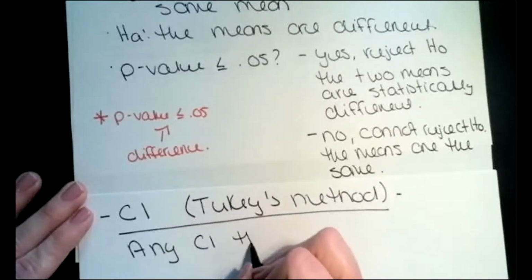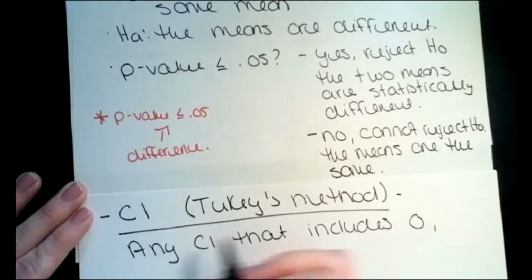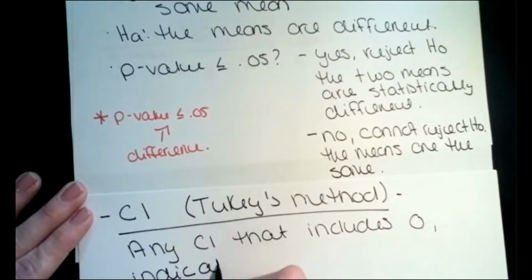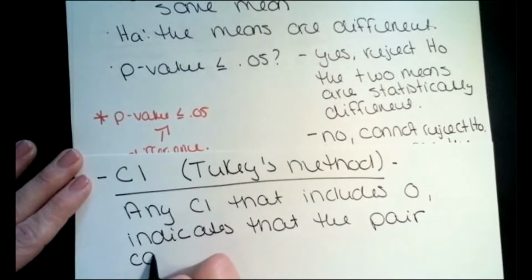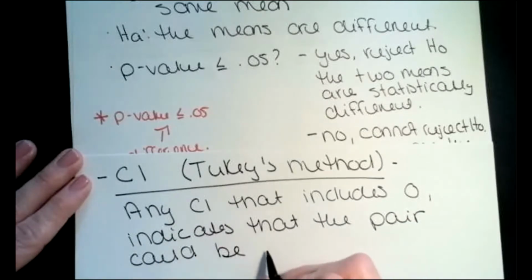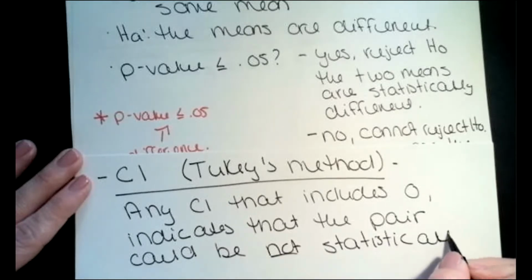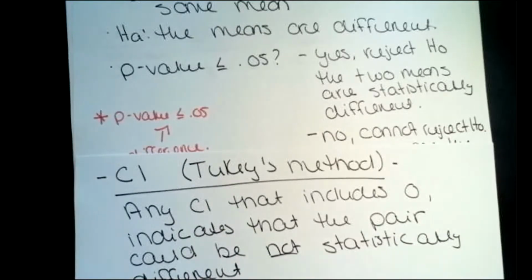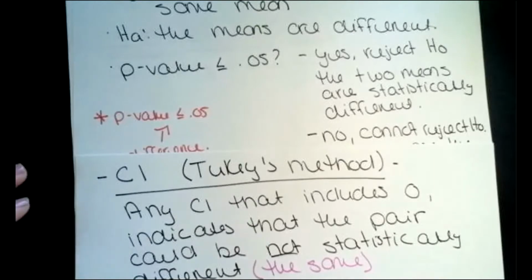Any CI that includes 0 indicates that the pair of means, right, because you're always looking at two, could be not statistically different, meaning they're the same.